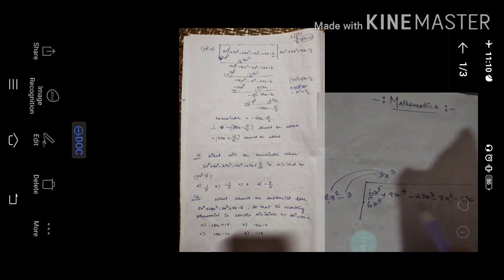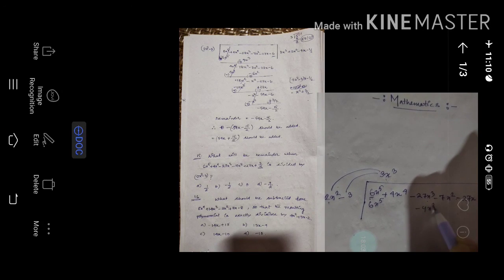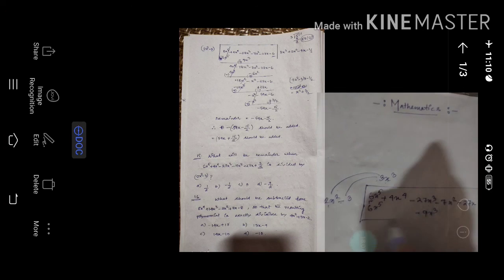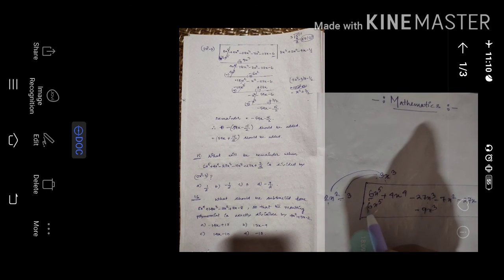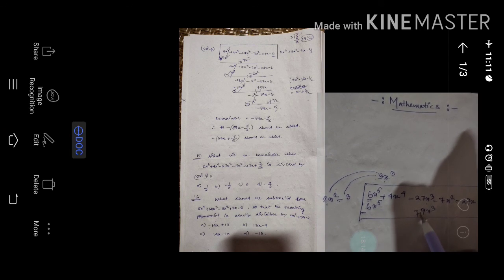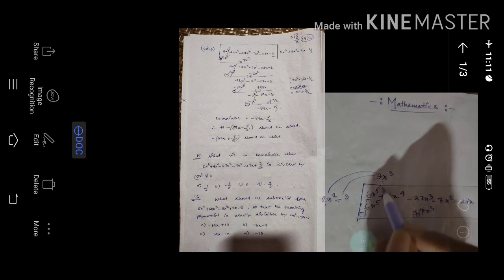So where x cube term is there, below that you have to write 9x cube, with signs changed. Plus is there already, so it will be minus. Here minus is there, it will be plus. So 6x power 5 minus 6x power 5 will get cancelled.